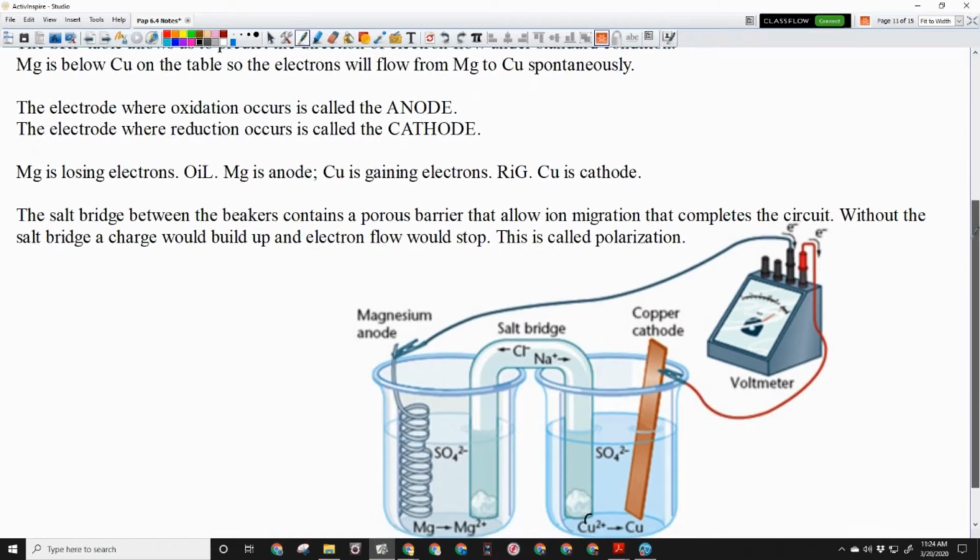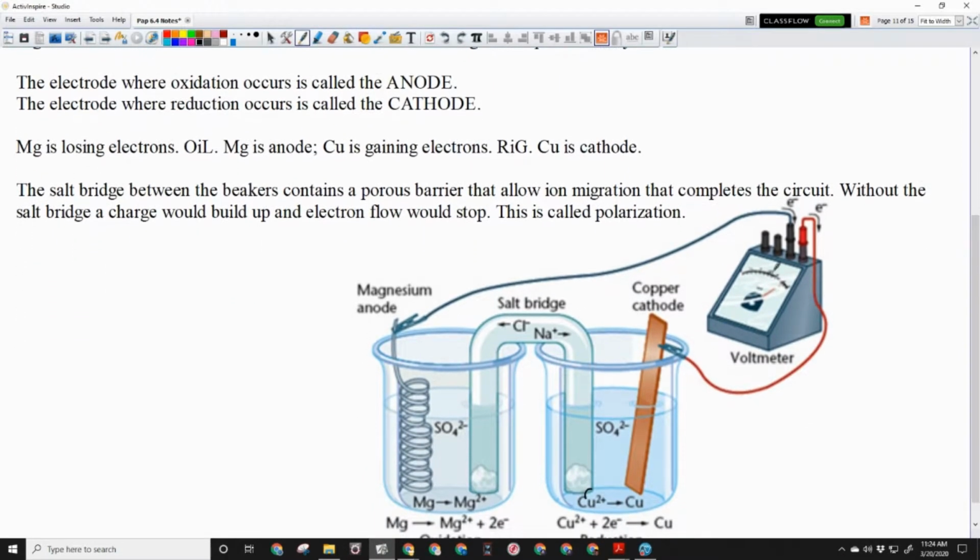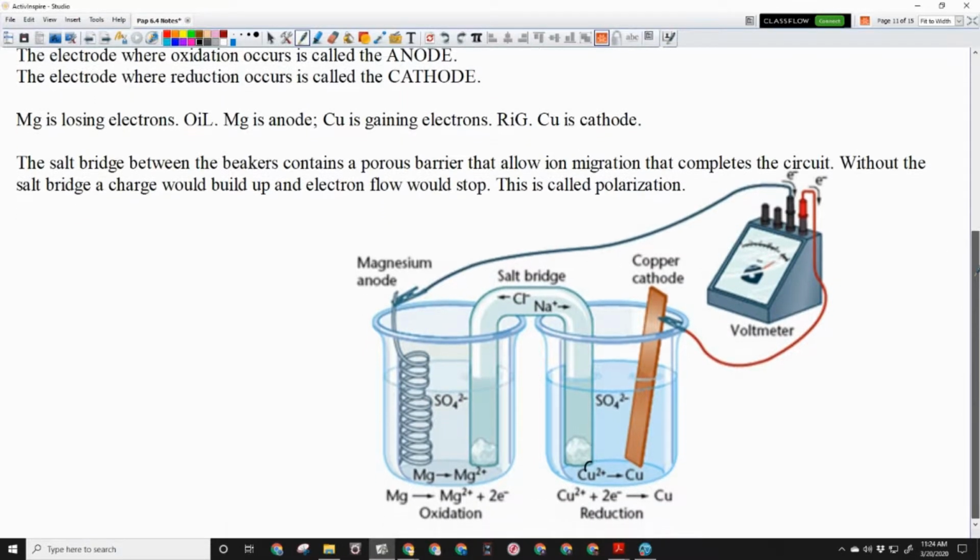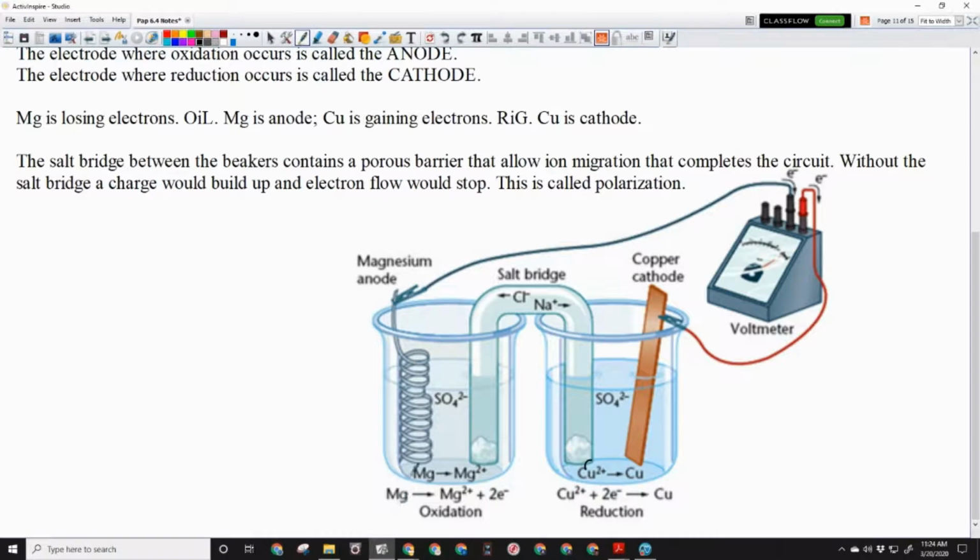Remember, the higher it is on this list, the stronger it is, and it's going to spontaneously pull electrons away from the other one. All right, so we're looking here at magnesium going to magnesium 2+ plus 2 electrons.